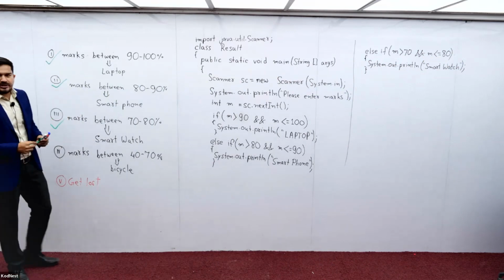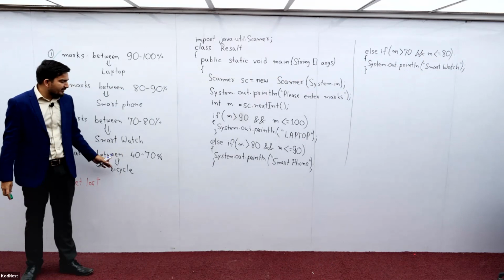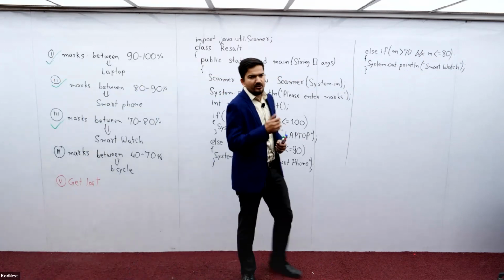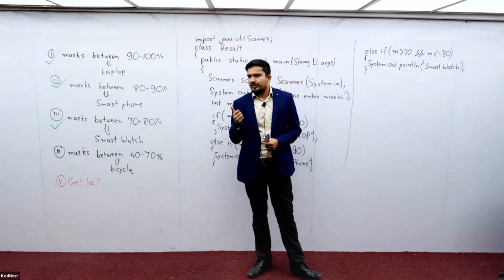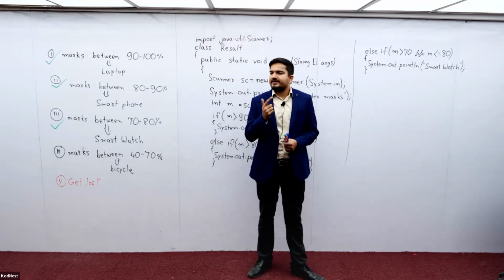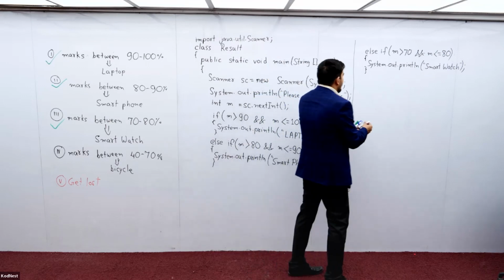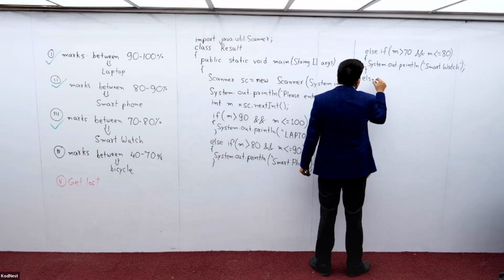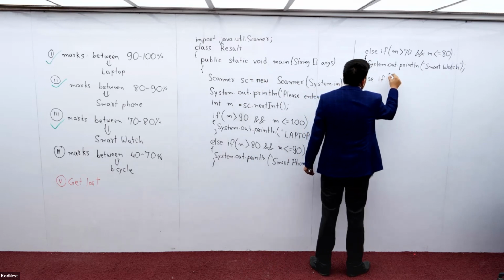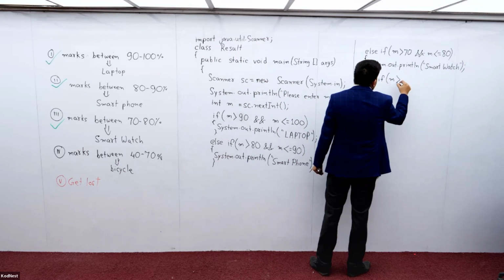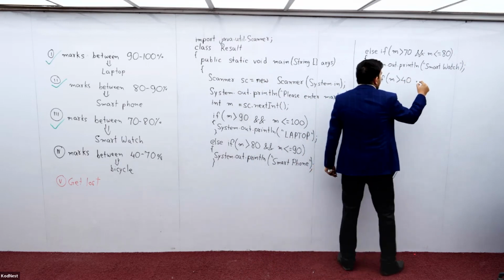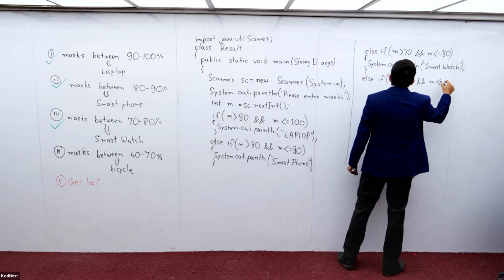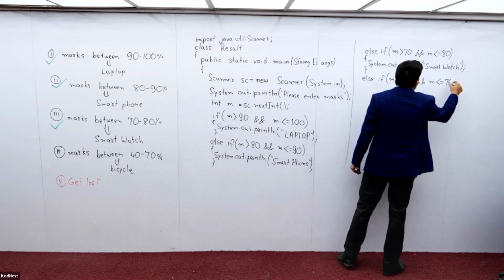Let's go for the fourth condition, when the mark should be somewhere between 40 to 70%. Again, two mini conditions are there. One, mark should be greater than 40, and second, mark should be less than or equal to 70. So once again, what are we going to do? We are going to say else if the marks happen to be greater than 40% and marks happen to be less than or equal to what? 70.